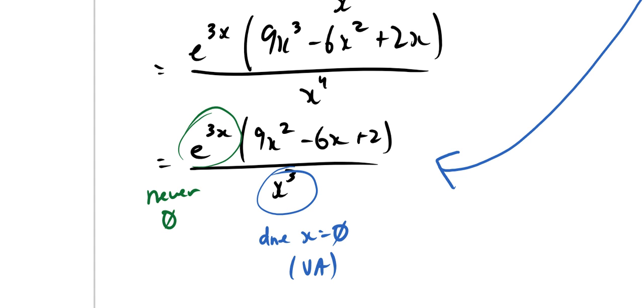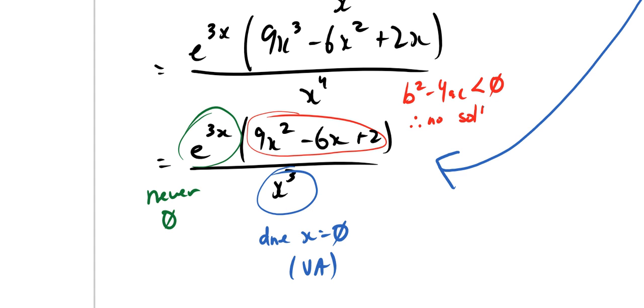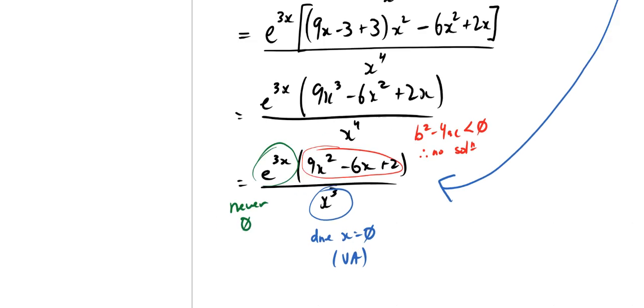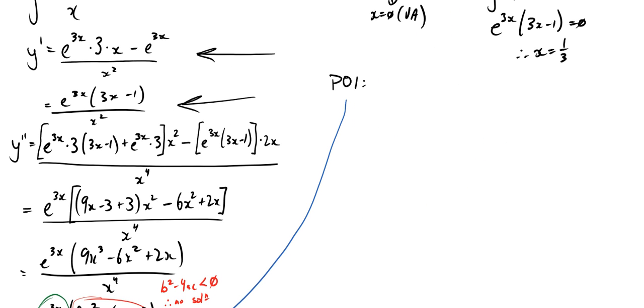And this last part, b squared minus 4ac, turns out to be less than 0. I believe it's negative. Therefore, no solutions here either. So what did we just discover? No POIs. It's unusual. Don't you think?